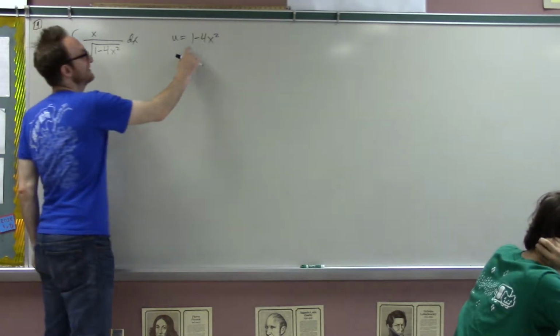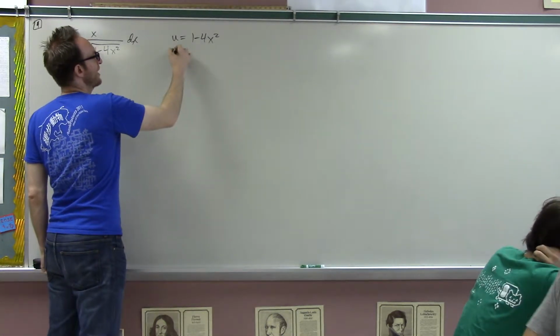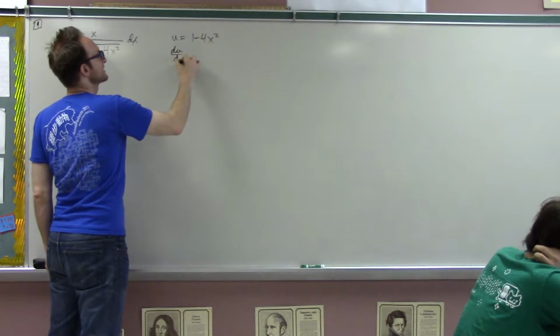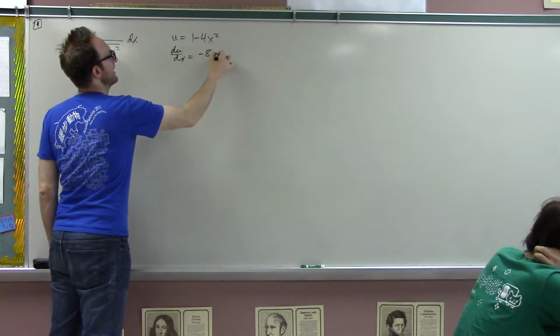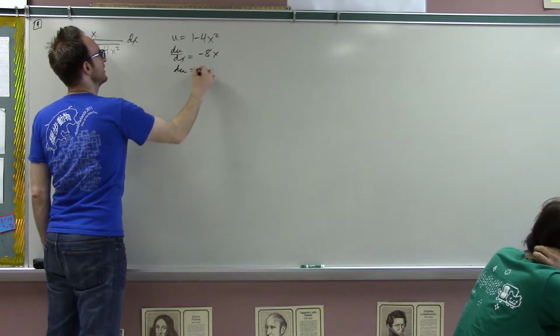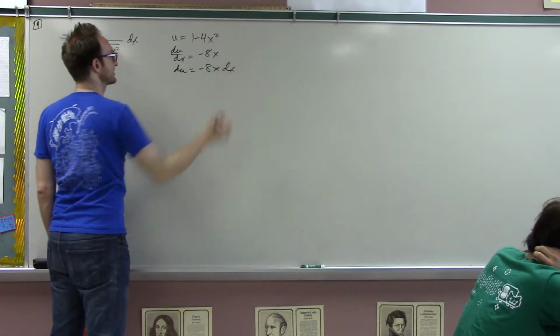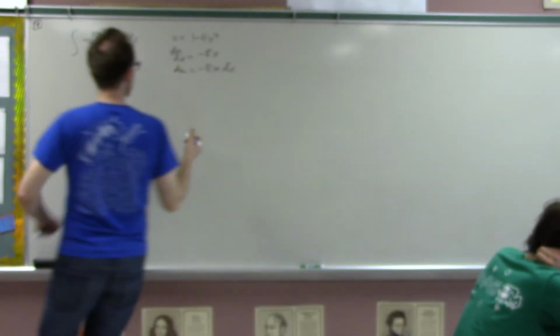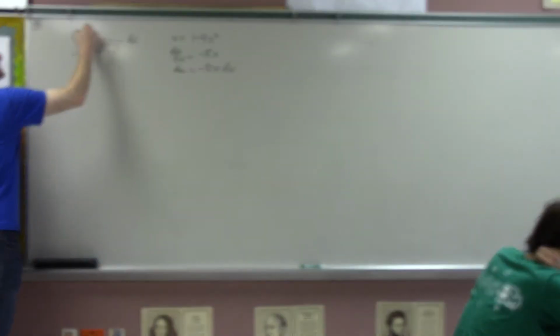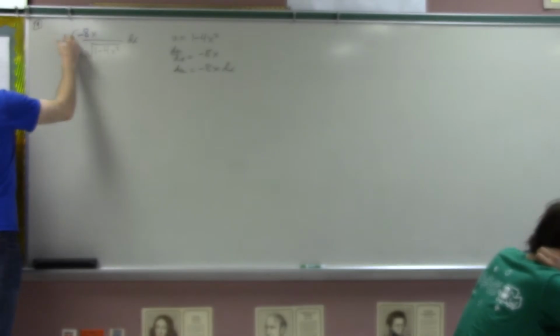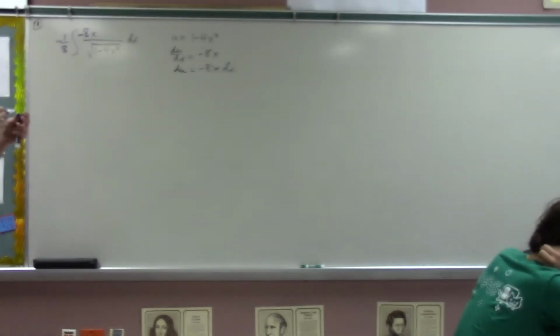Okay, once I set u to be 1 minus 4x squared, then I know what du/dx is. du/dx is negative 8x, and so du is negative 8x dx. You guys with me? Once I have that, if you do it my way, I stick in a negative 8 and undo the damage with the negative 1/8.